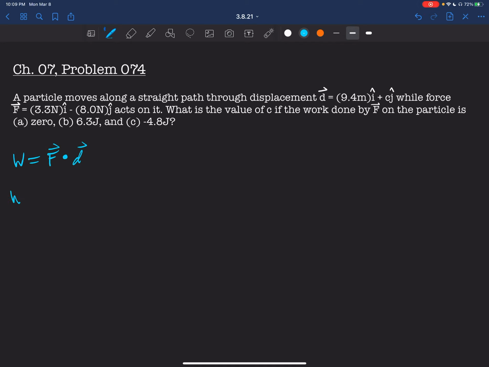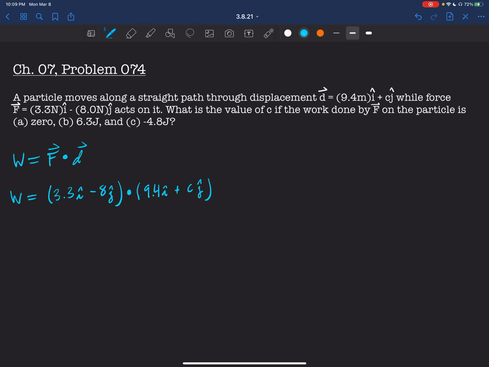The work is going to be 3.3 i hat minus 8 j hat. I'm going to dot that with 9.4 i hat plus C j hat.